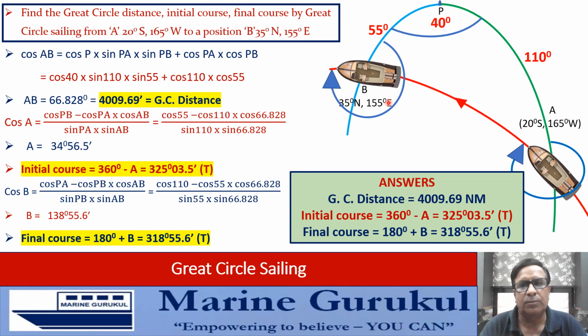Because the vessel moved in the westerly direction, crossing the 180th meridian. Also please pay attention here, PA was 90 plus latitude and not 90 minus latitude. So this has been specially picked up to highlight these two factors which you need to take care of when you make a PAB triangle and you load it with information.